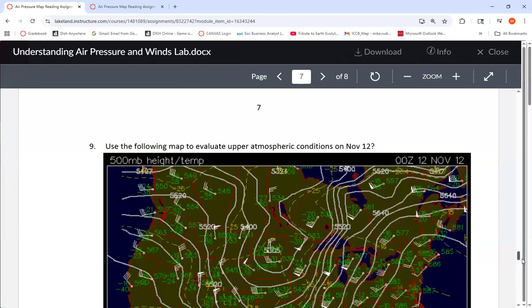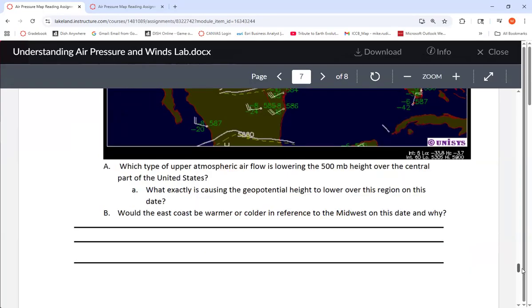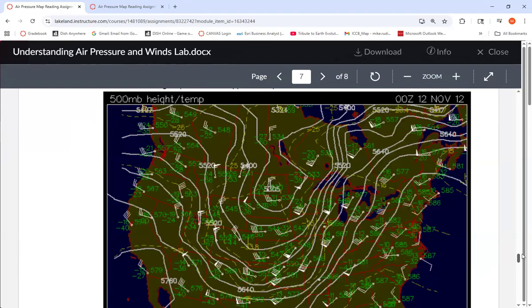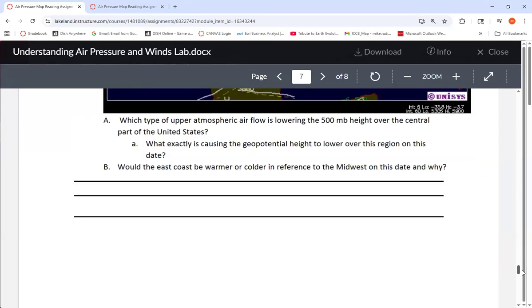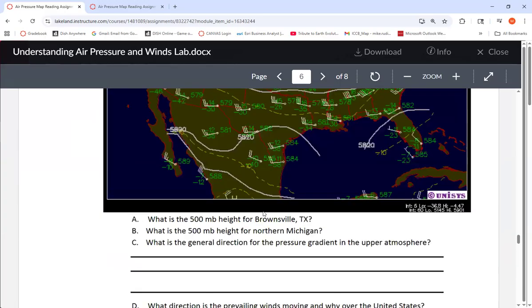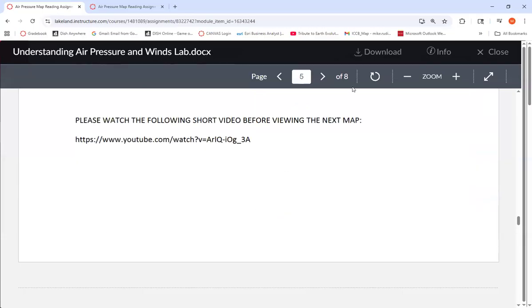If you don't understand them, you might want to get a hold of me or ask me to do more of a demo on them. There are 4 questions for question 8, and in question 9, there are 4 questions as well. This is a short answer question, and this is a short answer question. These 2 questions by themselves are worth 8 points out of a total 20 for the entire assignment. So I wanted to give you a heads up so you were prepared for that.